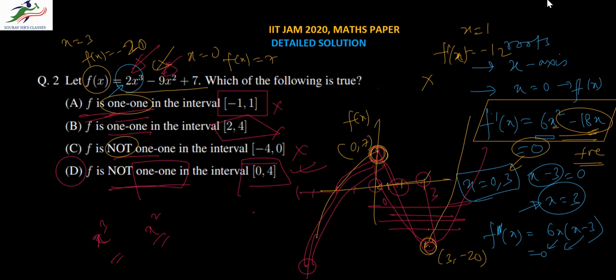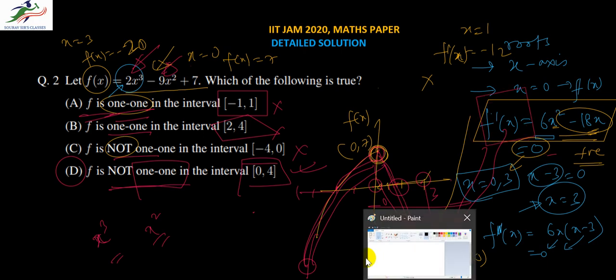When we work it out, we see that the cube is dominating over most of the part, but wherever the first derivative is 0, the curve is changing its behavior, and that's where the x squared term kicks in.